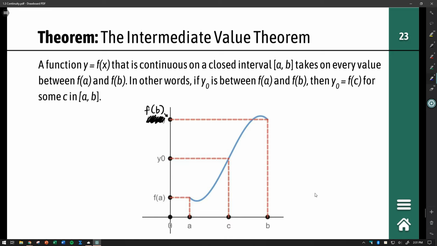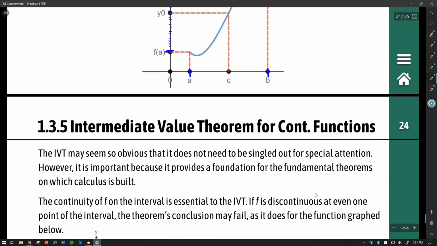If you know that a function has a y value f of b and another y value f of a, then for some value between a and b, this function takes on literally every single y value between those two y value boundaries, f of b and f of a.